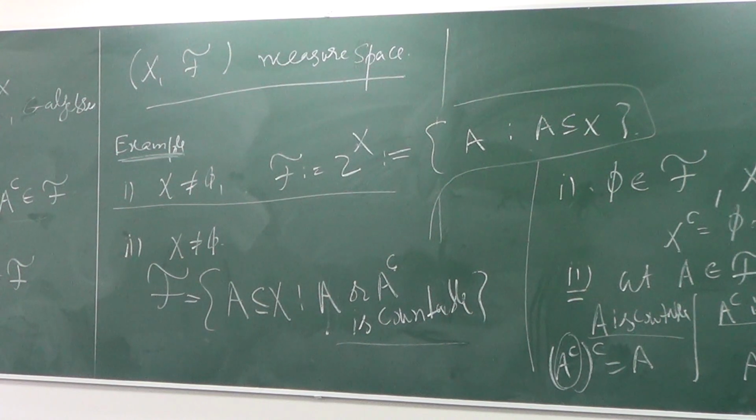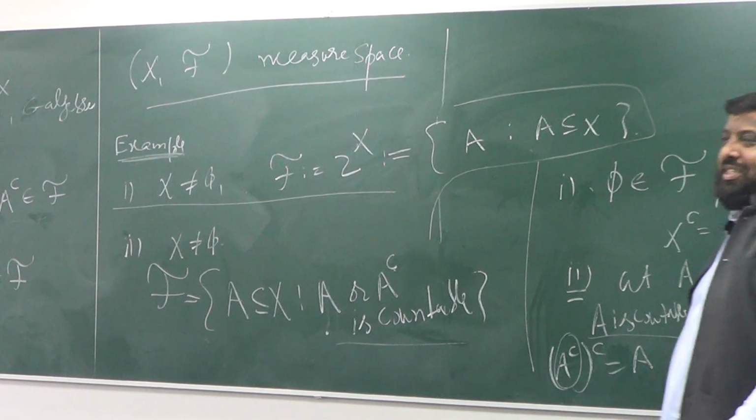It's a potential set of objects that we are interested in measuring. But now you have to tell with what thing you want to measure it. What is your measure?